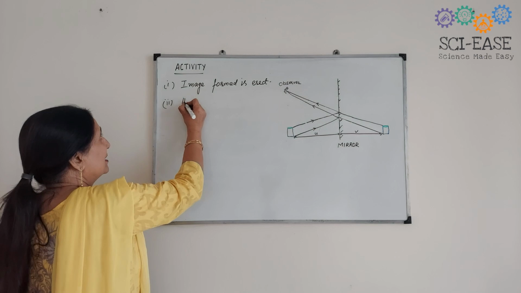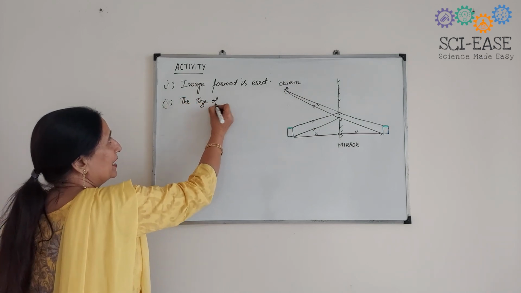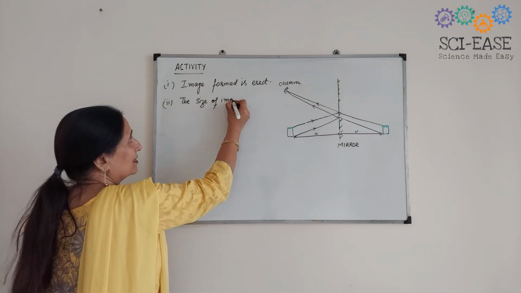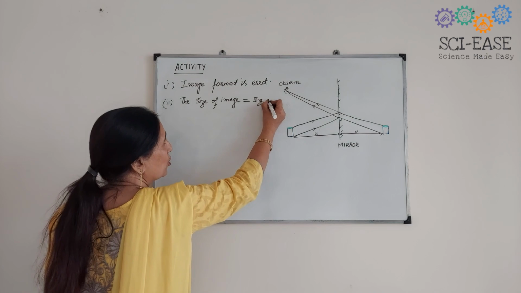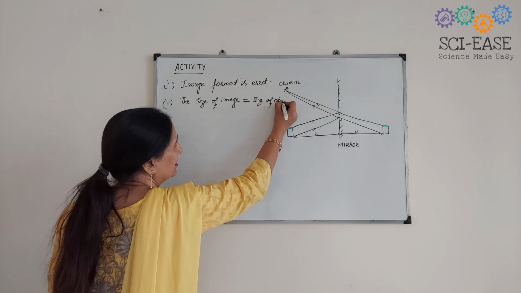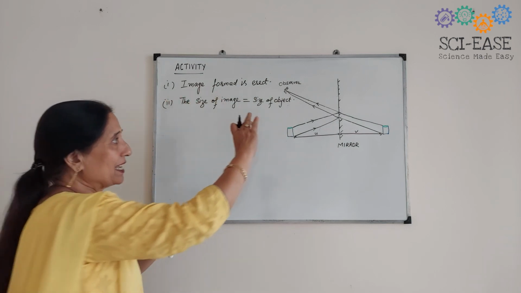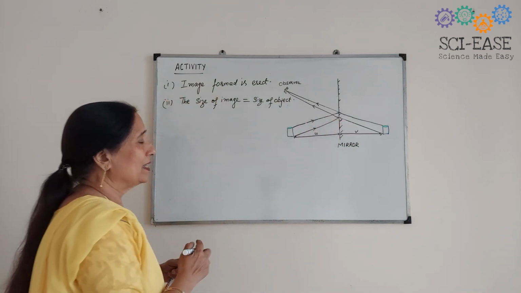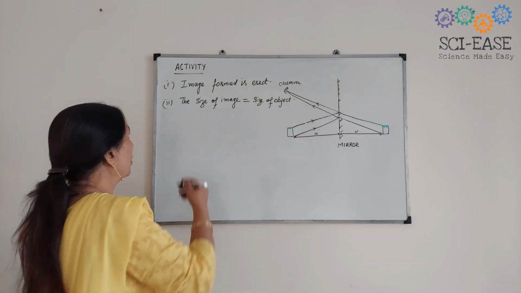So, the size of image is equal to the size of object. Two things are clear to all of you: the image formed is erect, then the size of the image is equal to the size of the object.